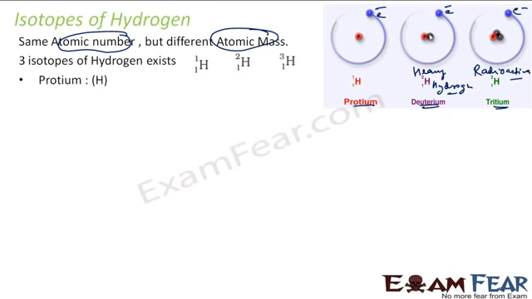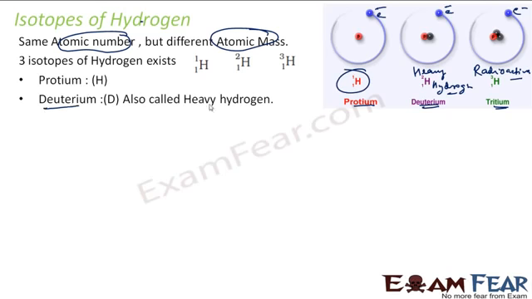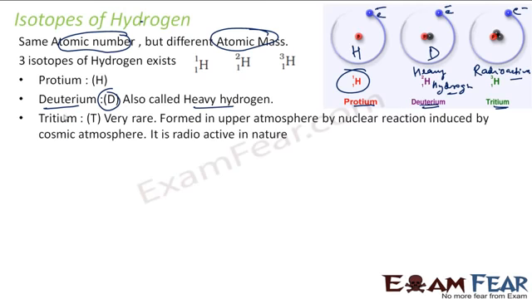So we have protium denoted by H, deuterium, also called heavy hydrogen, denoted by D, and then we have tritium. It's very rare, denoted by T. So I have H, D, and T. Tritium is formed in the upper atmosphere by a nuclear reaction, and it is radioactive in nature.